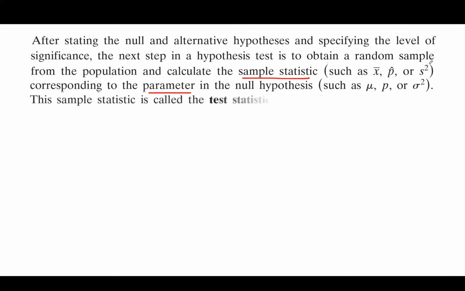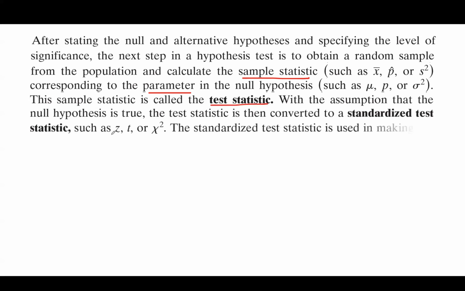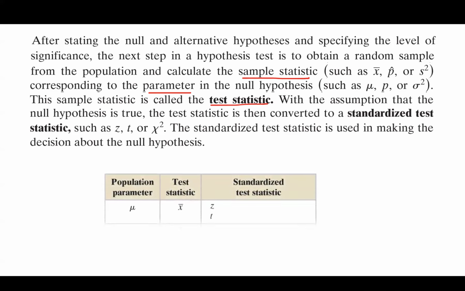This sample statistic is called the test statistic. With the assumption that the null hypothesis is true, the test statistic is then converted into the standardized test statistic z, t, or chi-squared. The standardized test statistic is used in making the decision about the null hypothesis. In the following table, we summarize the parameter, test statistic, and the standardized test statistic that we're going to discuss.